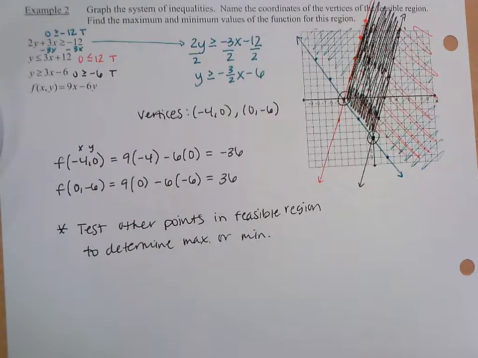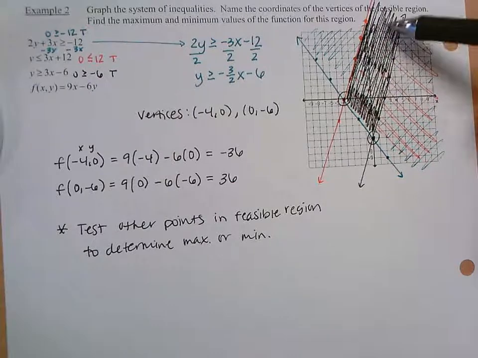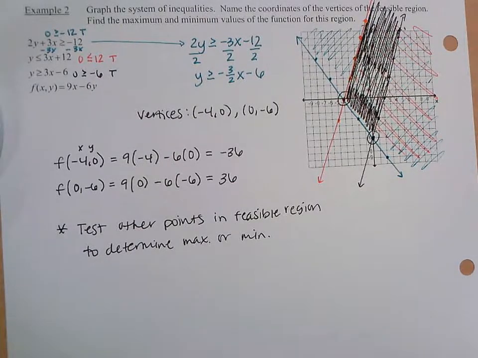So could somebody just shout out another point that is in the feasible region that we could test? Perhaps something that would be farther up in this area. Braxton? 0, 9.